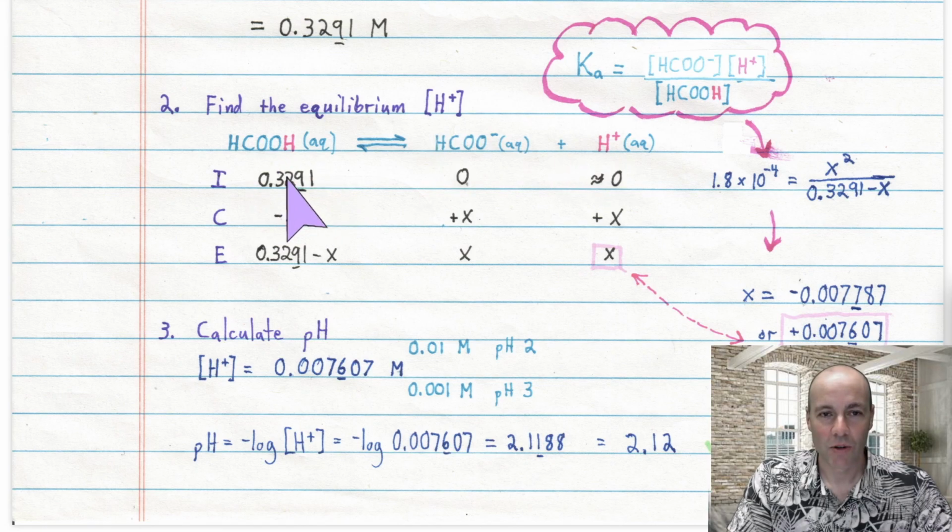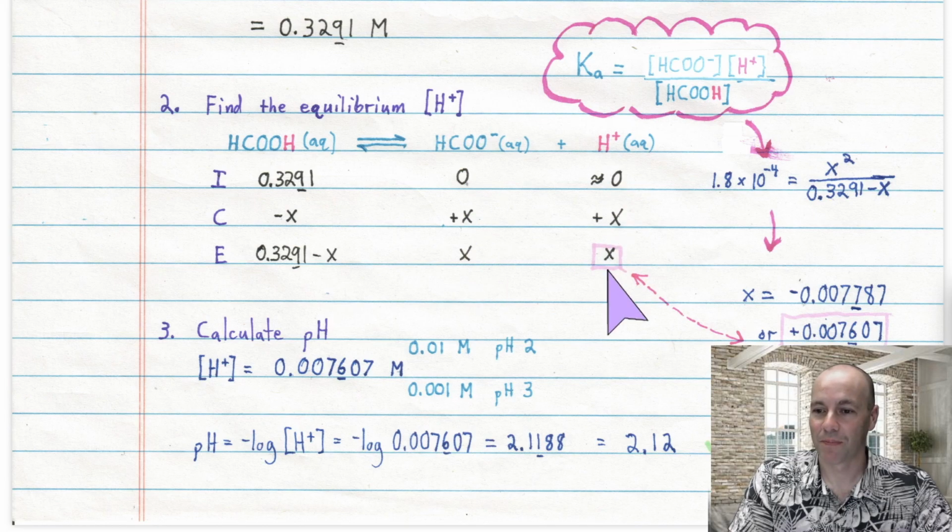Now that we know the initial concentration of the formic acid, and it didn't say anything about initial concentrations of anything else, you had no formate at the beginning, and ignoring autoionization of water, you have no protons at the beginning. So to get to equilibrium, the reactant, formic acid, loses a certain amount of concentration, x amount, and therefore the products gain x amount and x amount. And at equilibrium, you get 0.329 minus x for the formic acid, x for the formate, and x for the proton.